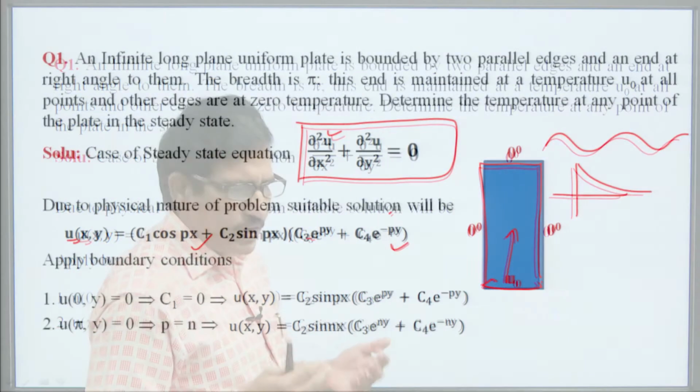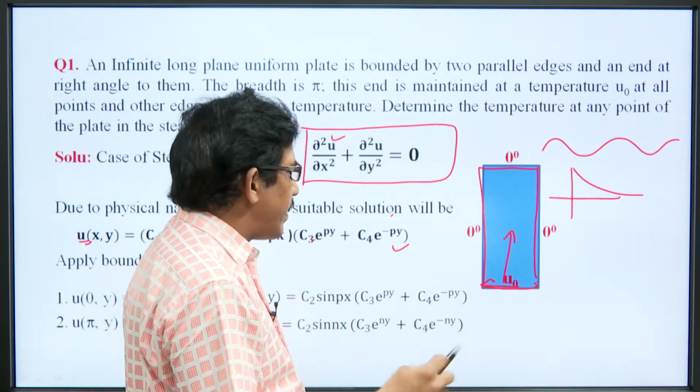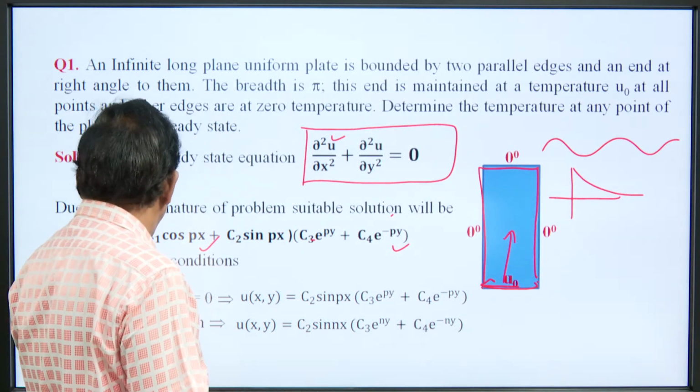We have to evaluate the values of C1, C2, C3 and C4 in this particular question. For this we must apply boundary conditions. The boundaries of this plate are the first boundary, second boundary, third boundary and fourth boundary. One by one we take the case of each boundary.